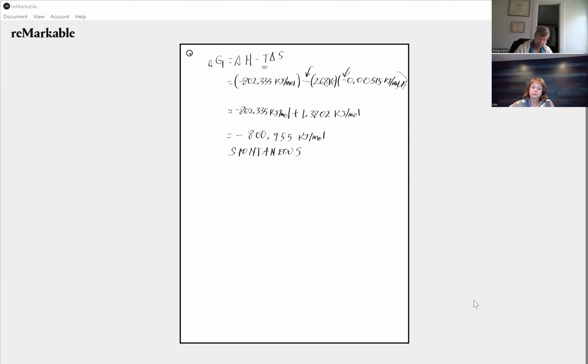Well, if it is non-spontaneous, that borderline between spontaneous and non-spontaneous is when delta G transitions from positive to negative. And that transition occurs when delta G equals 0. So what temperature is delta G equal to 0?